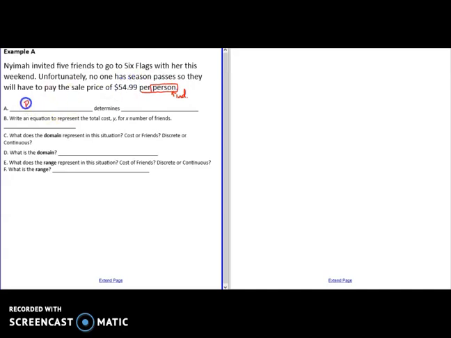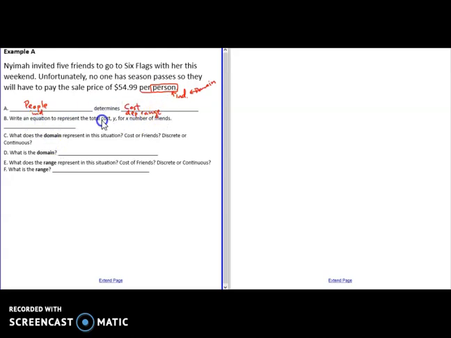So people determines cost, which means independent, this is my domain, and the cost is always my range. If we can figure that out, woohoo, the battle's almost won already, and not so much to stress out about. So people determines cost, people is independent, that's my domain, cost is my range.